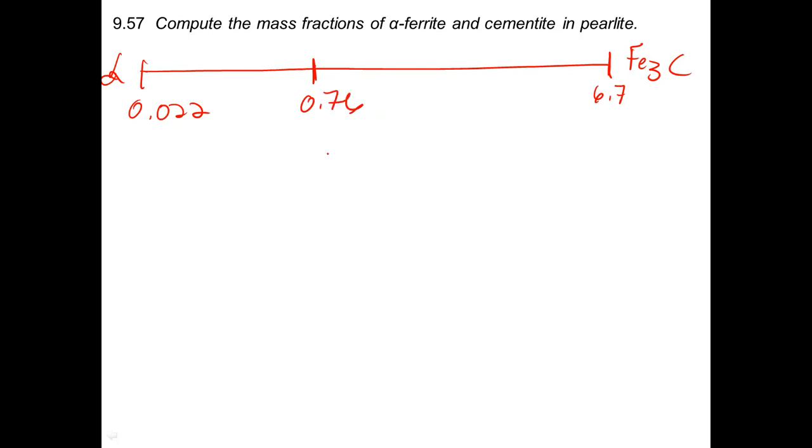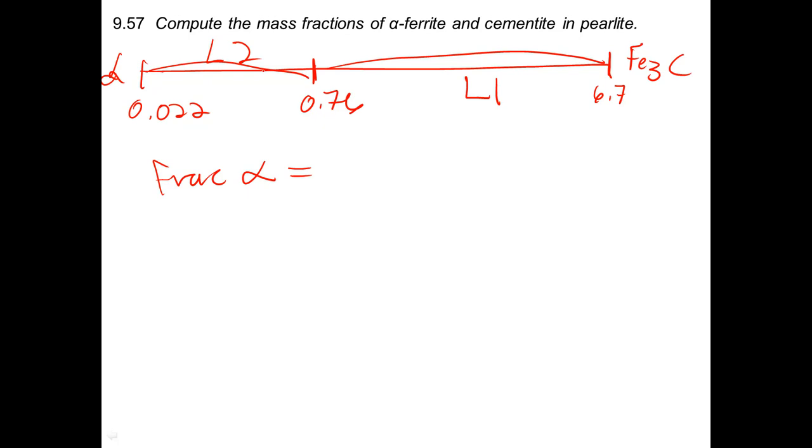And since it's a eutectoid steel, we know the system carbon concentration is 0.76. We can calculate the mass fraction of ferrite then by defining these two lengths on either side of that eutectoid composition.